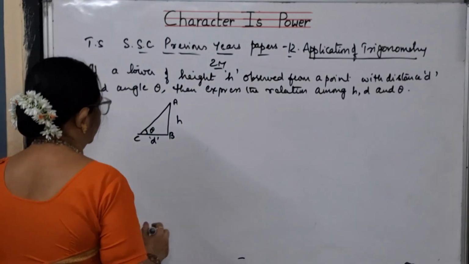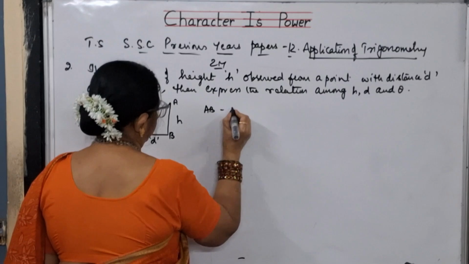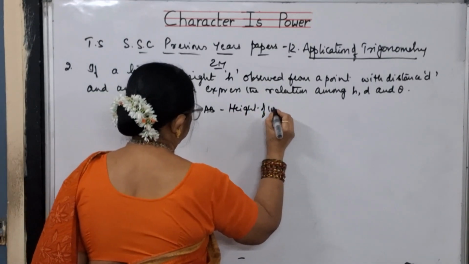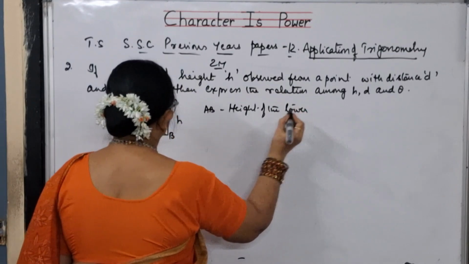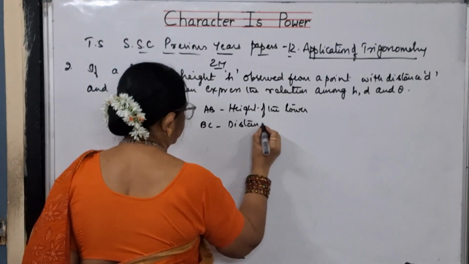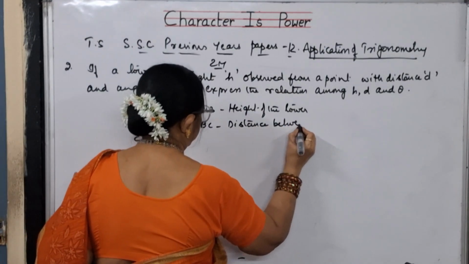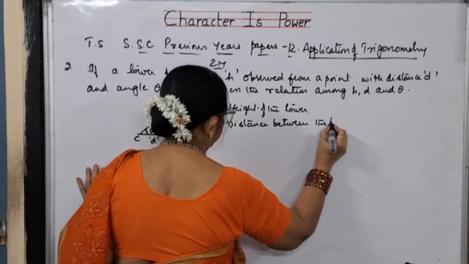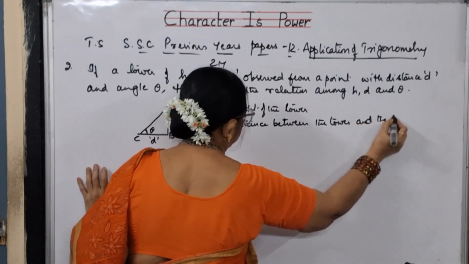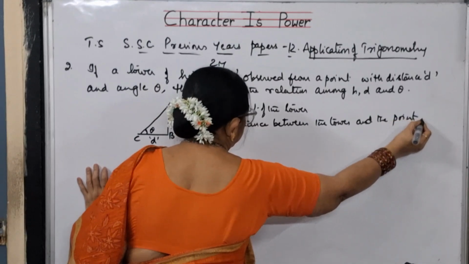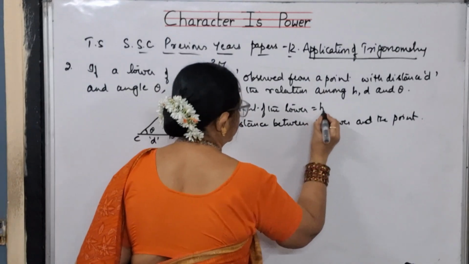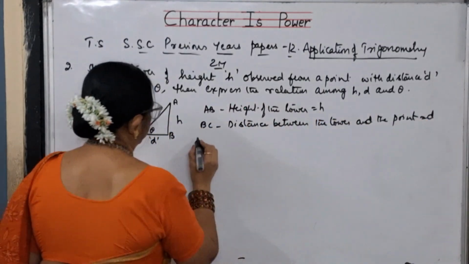Now we will say that AB is the height of the tower and BC is the distance between the tower and the point, and AB is considered as h, BC is considered as d.